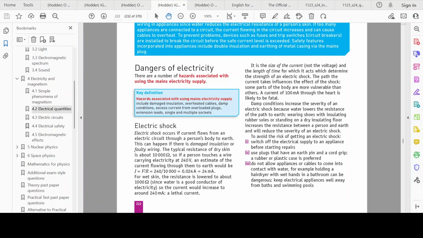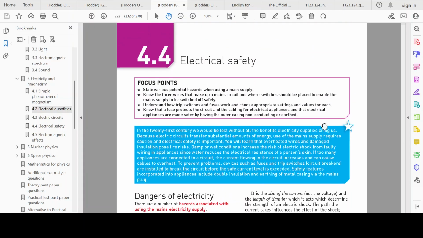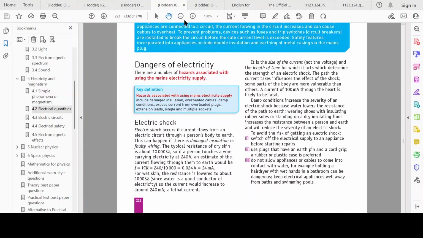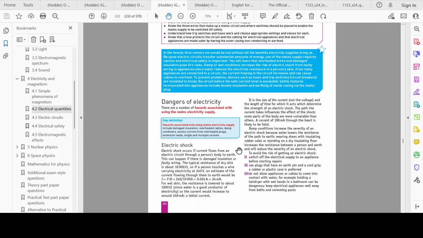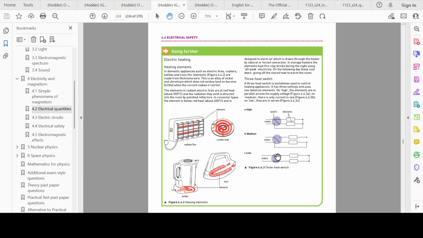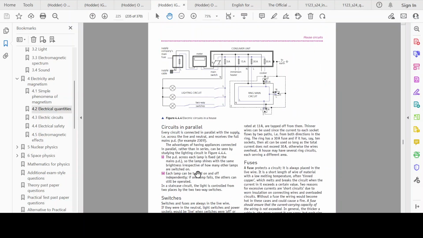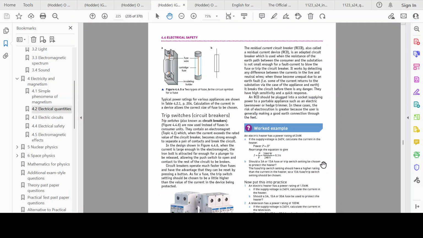So this is the IGCSE book, and so you've got dangers of electricity. Let me zoom out a bit so you get nearly the whole page. So electric shock, fire risks, lighting. That's the going further part, so you don't need to know that. House circuits, so this stuff.